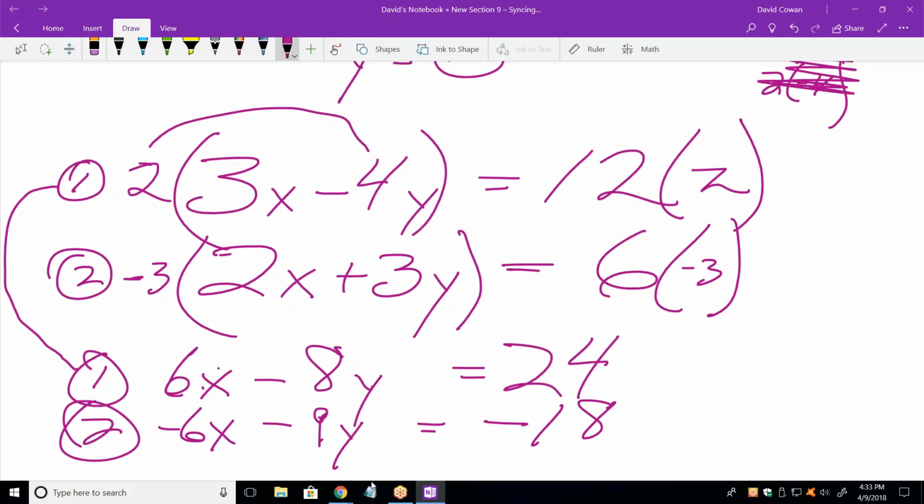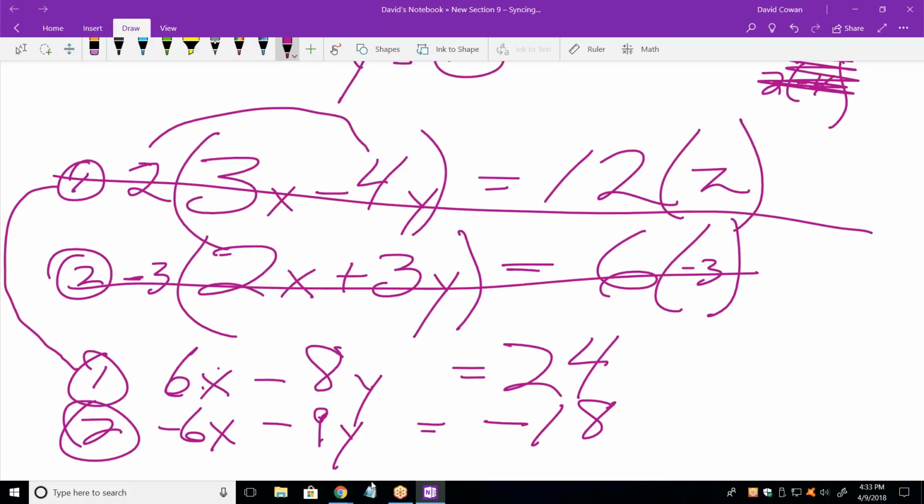So, my old equation 2 is no longer going to be used. Notice now all I've got to do is add the 2 equations and the x is going to go away. That's why I multiplied by minus 3.